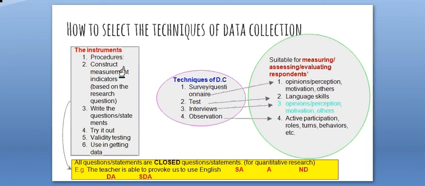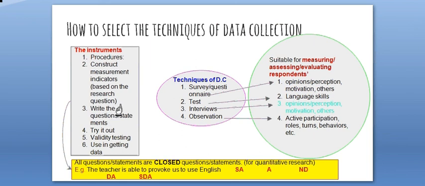Then if you want to know about students' learning motivation, you have to read more articles and more theories about what motivation is. And then from that reading you can know the indicators of good motivation. After you know the indicators, then you combine your indicators into questions or statements.